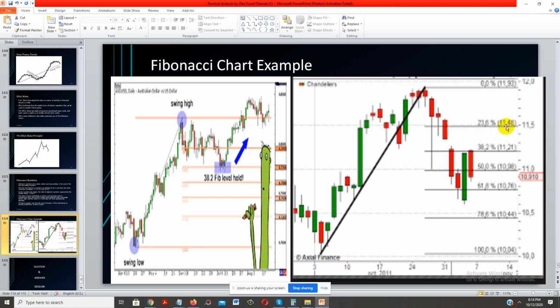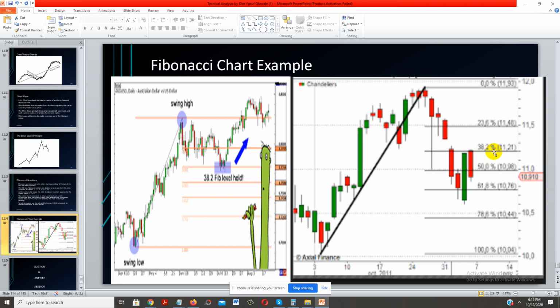Now this particular support is not usually too strong. There's a probability it is going to be broken. Now if it is broken, the next point you should be looking at is the 38.2%.